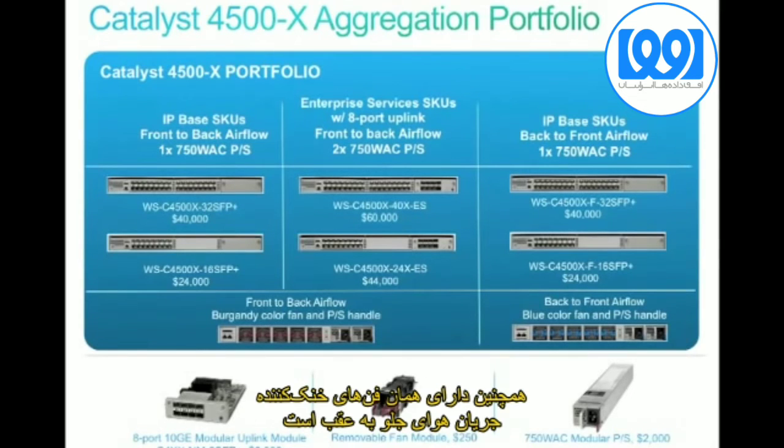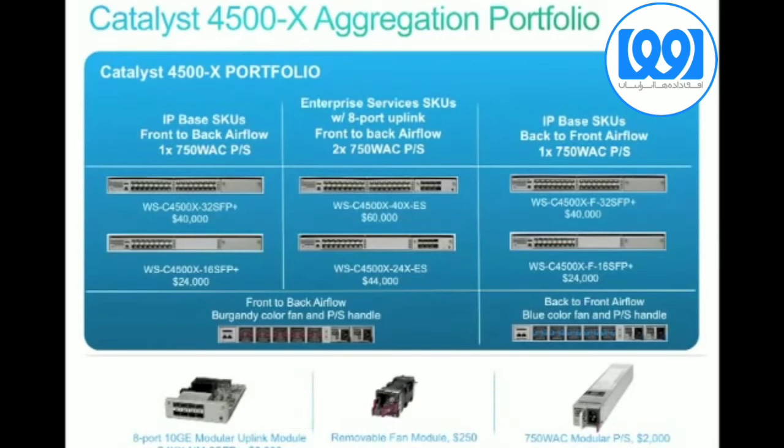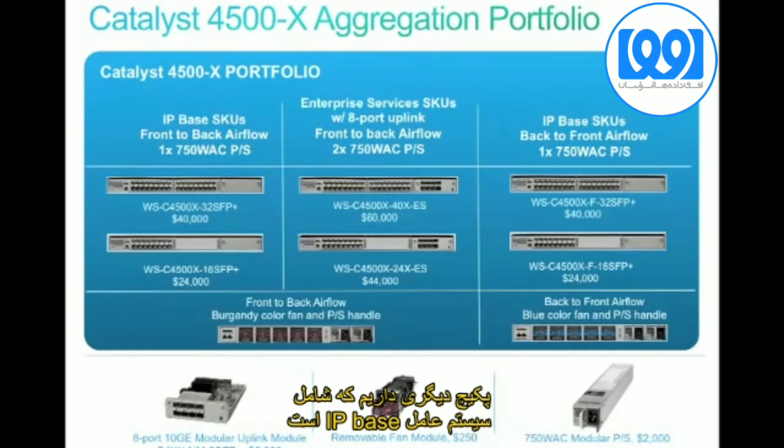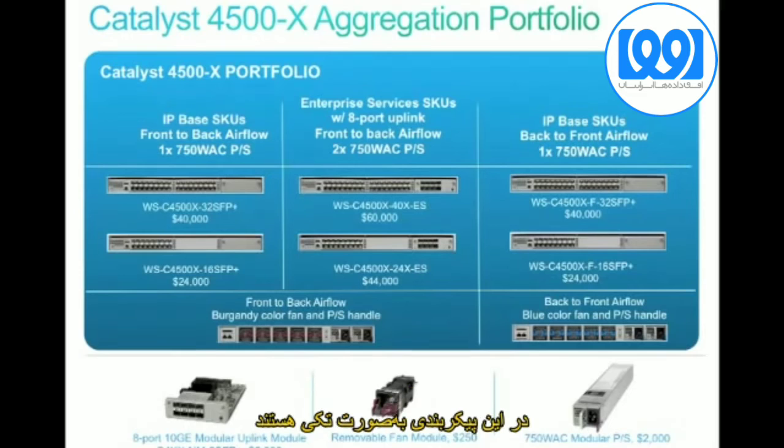This also has the same front-to-back airflow cooling fans, and this time dual redundant 750 watt AC power supplies. As an additional base offering, we have another package that includes the IP Base operating system, but in a different configuration offering back-to-front airflow with the different fans and power supplies, again with a single power supply in this configuration.